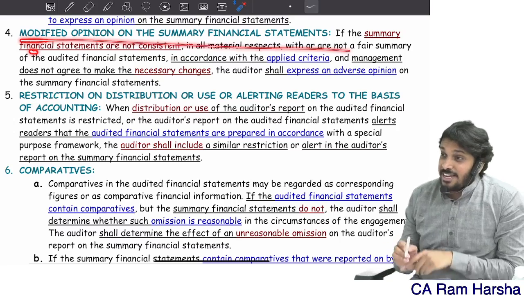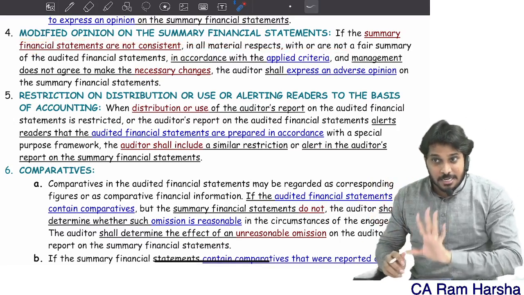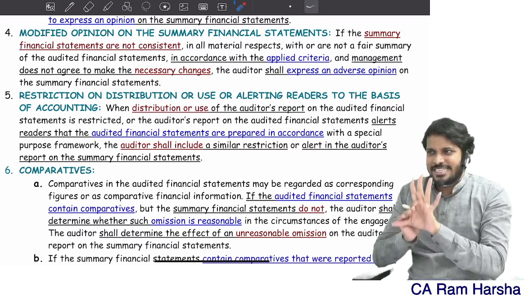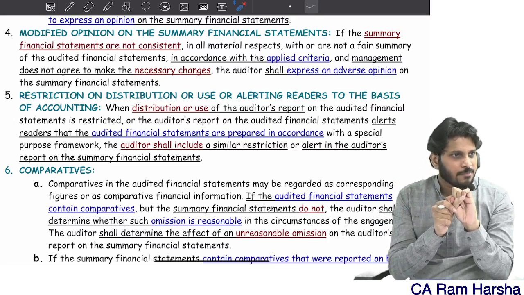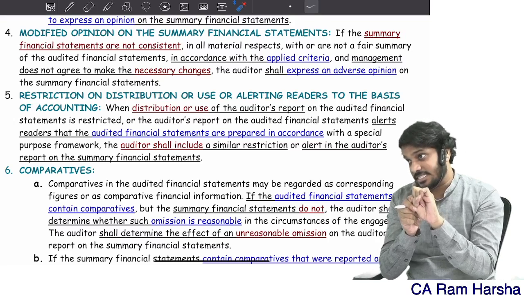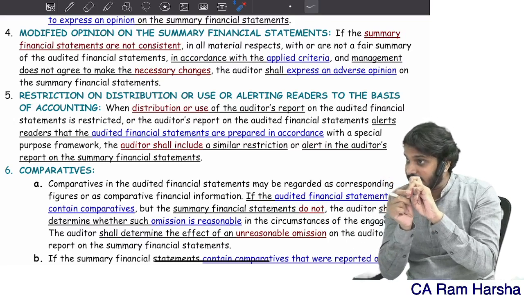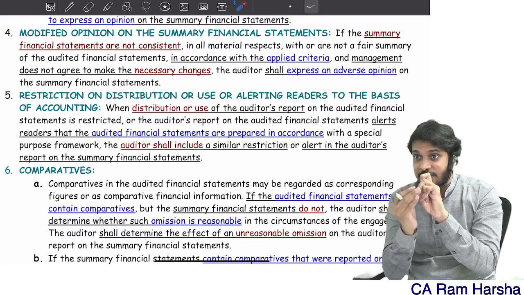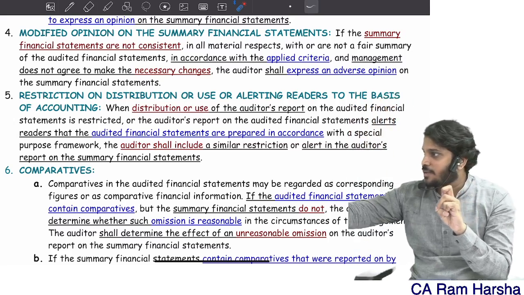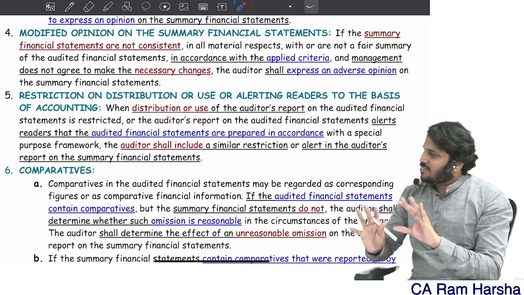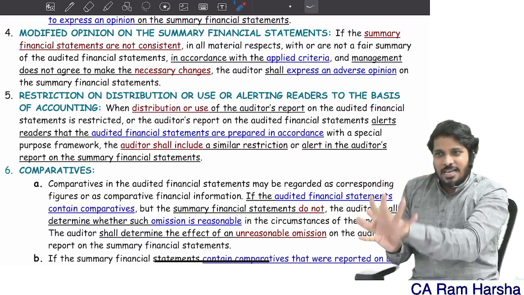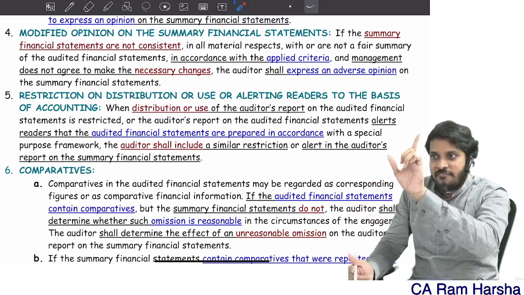Modified opinion. When I give modified opinion on summary financials, either I will give unqualified opinion if they are consistent, even though they are consistent, I will not give opinion if the main financials contain adverse opinion or disclaimer of opinion. Sir, is there anywhere on summary I will give an adverse opinion? Yes, only one situation.